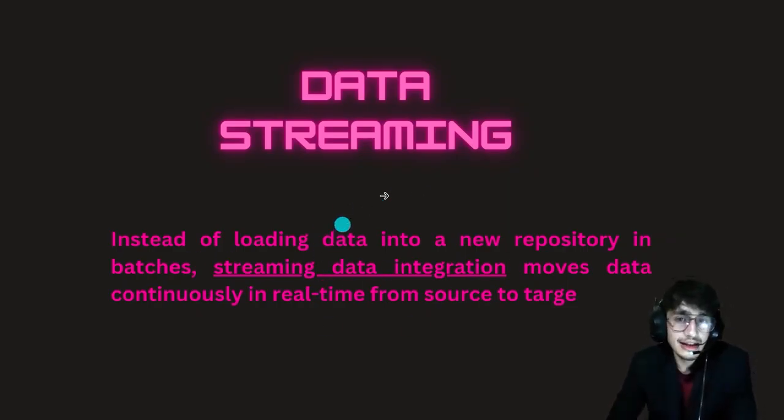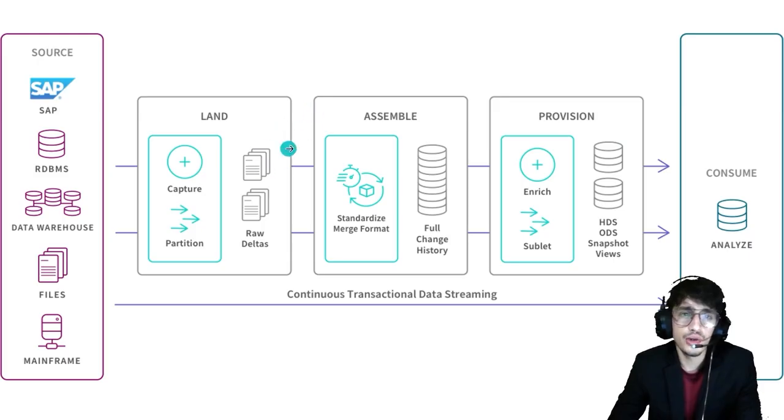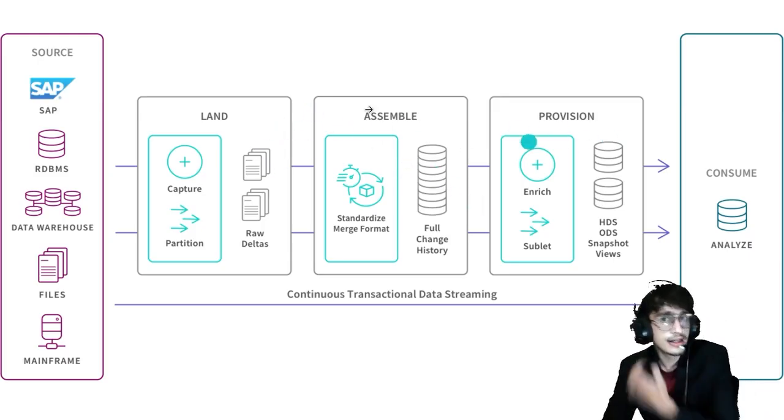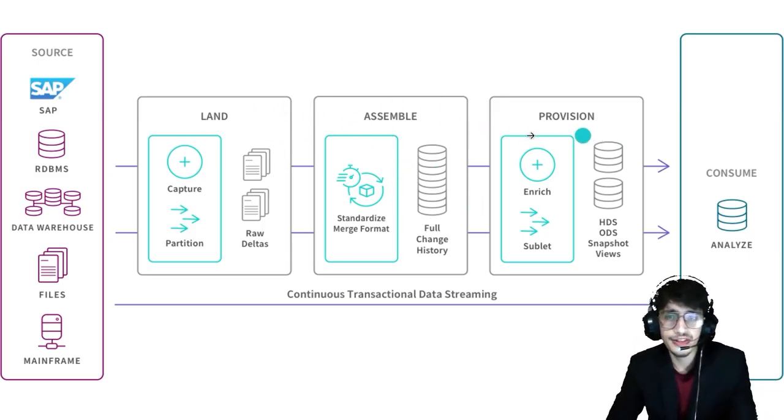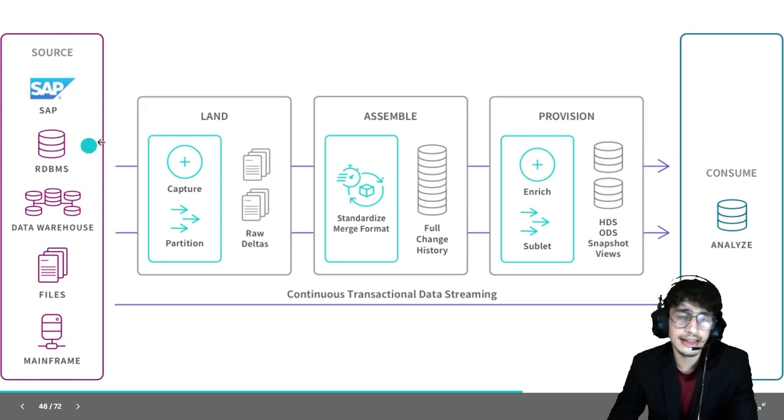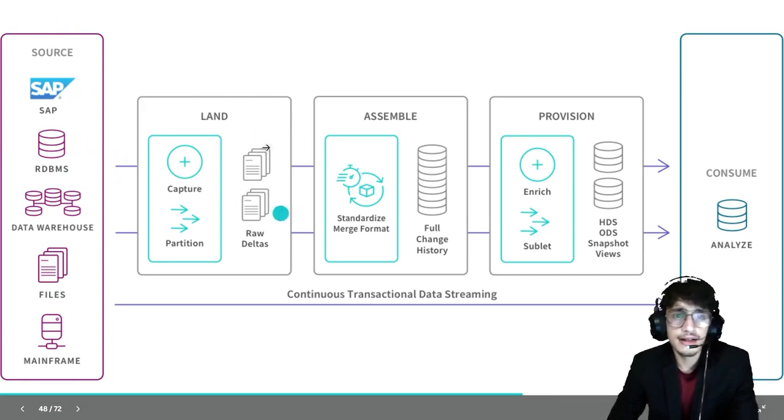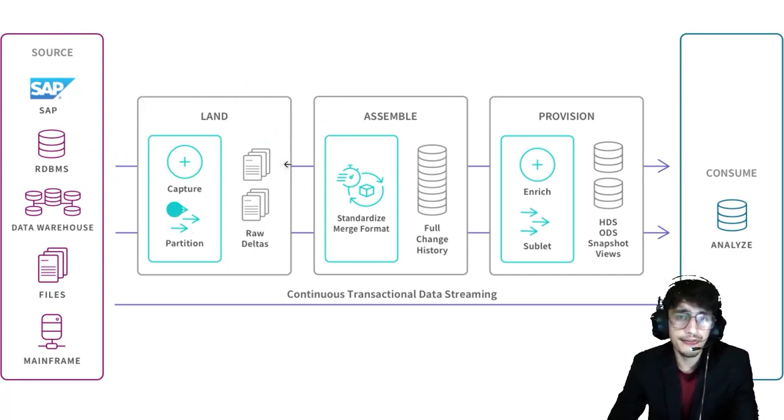Okay, so how is it done? Let's see it now. Data streaming contains three parts: land, assemble, and provision. First of all, we take data from sources like RDBMS, DBMS, data warehouse files, SAP. After that, it comes to a land column.